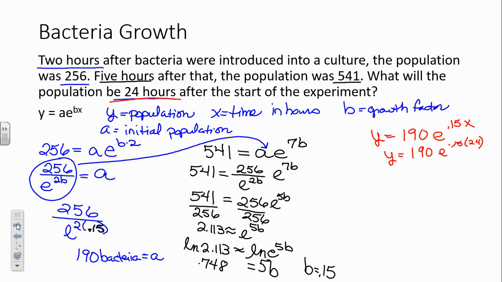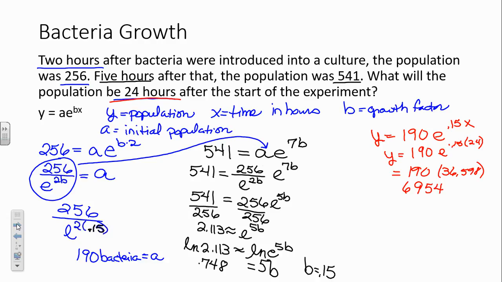Okay, so e to the 0.15 times 24. And then we're taking that number times 190. And we get 6,953, actually 54 bacteria.